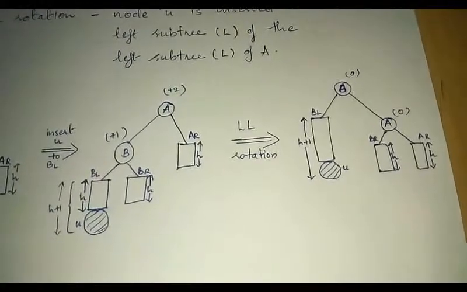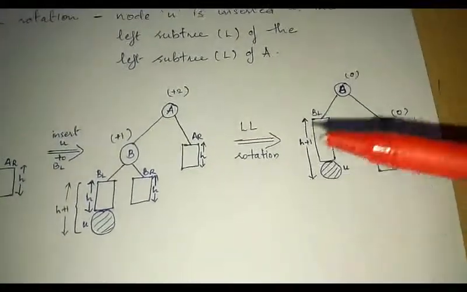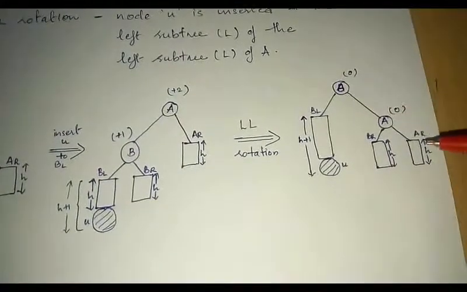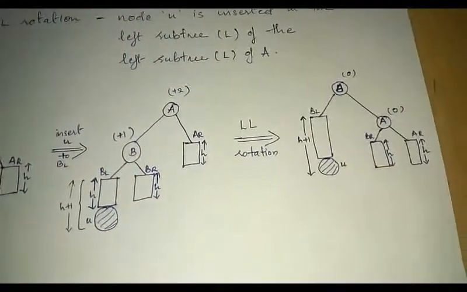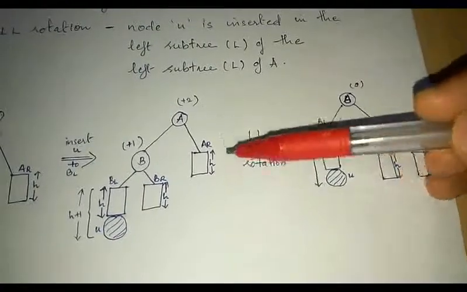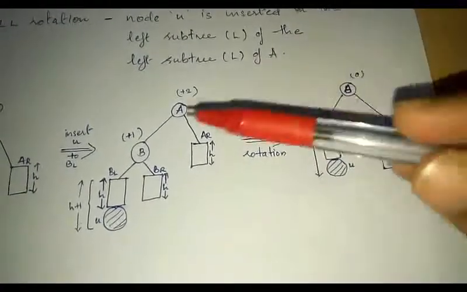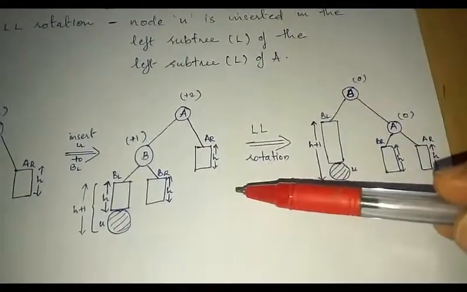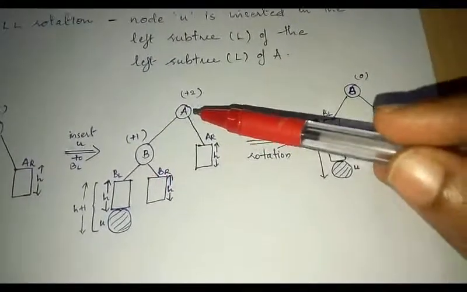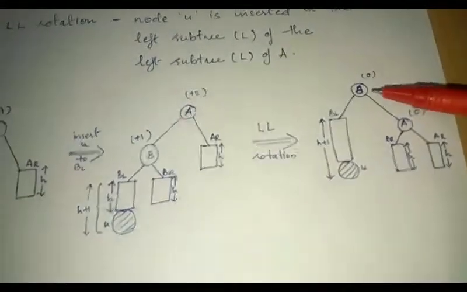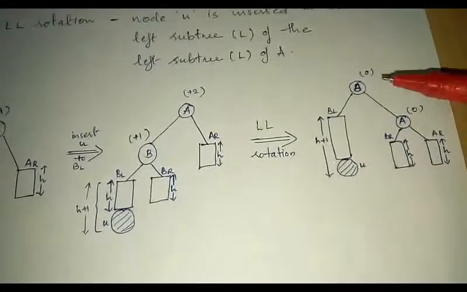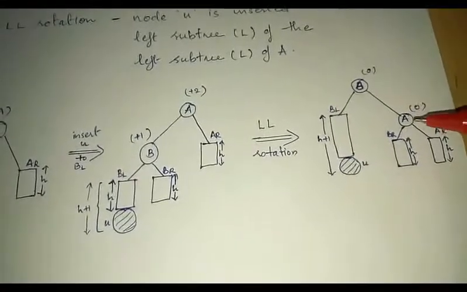So for LL rotation, we are making a rotation to the right. That is, A will be shifted to the right and B will come on top. B becomes the root and A will go to the right side of B.